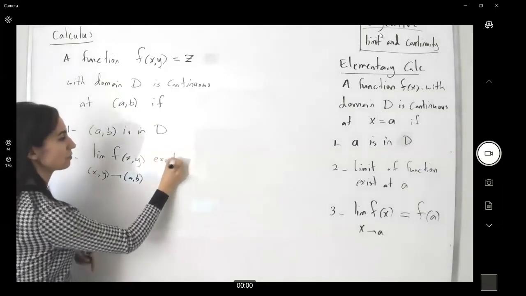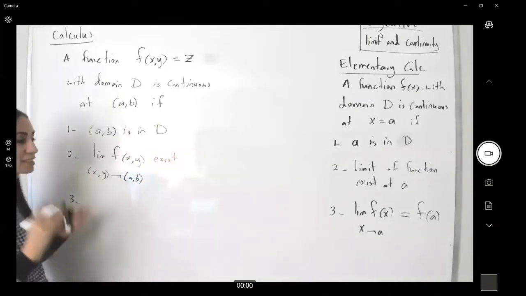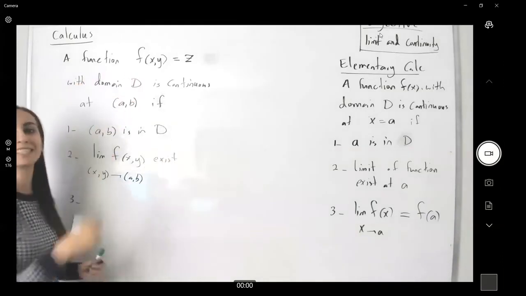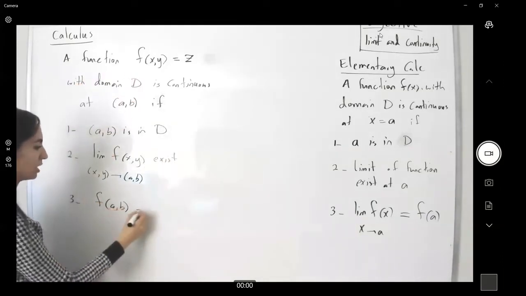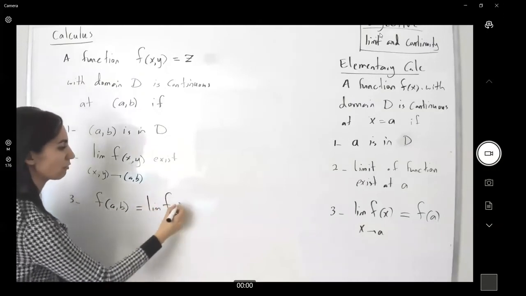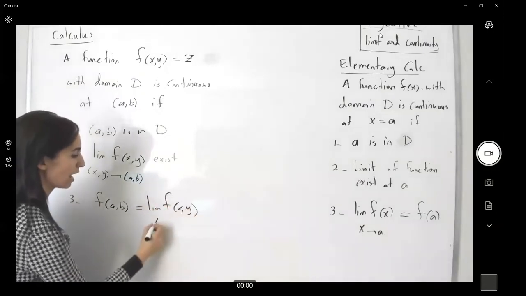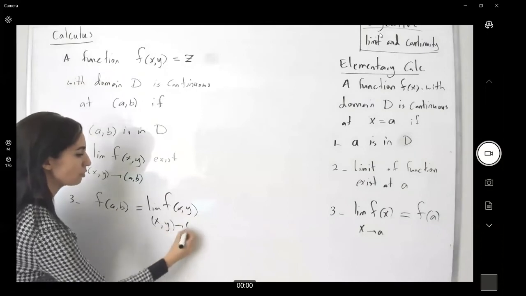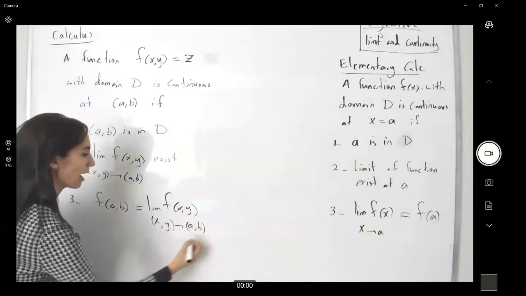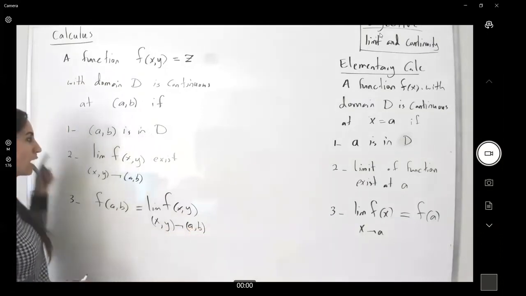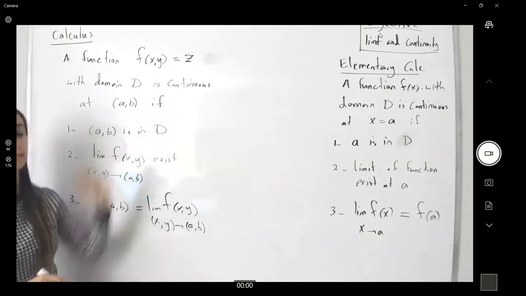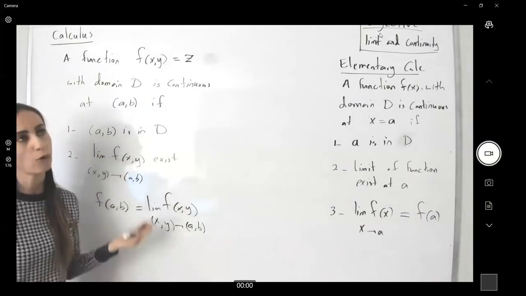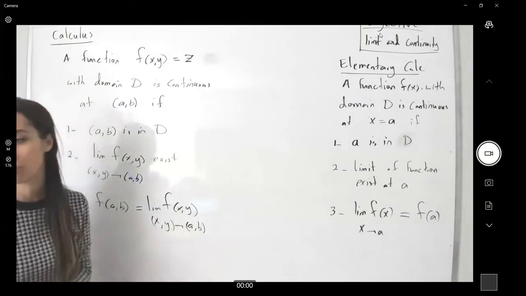And finally, the limit is equal to the z value of the function. f of A and B is equal to the limit of f of x and y as x and y approach A and B. You have to check these three conditions, then say that the function is continuous or discontinuous at a point.